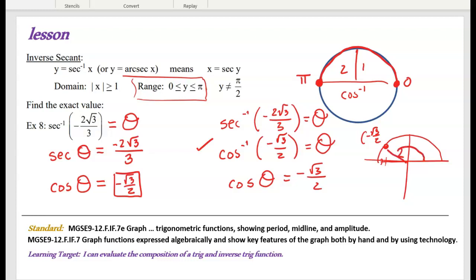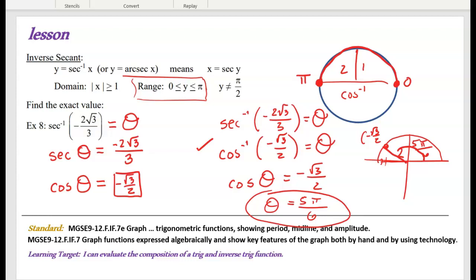What angle is that? That angle is 5 pi over 6, so theta must be 5 pi over 6. So just to recap, every secant inverse problem is find cosine inverse of the reciprocal of the input to find the angle. And that angle must live between 0 and pi, and we already know that.